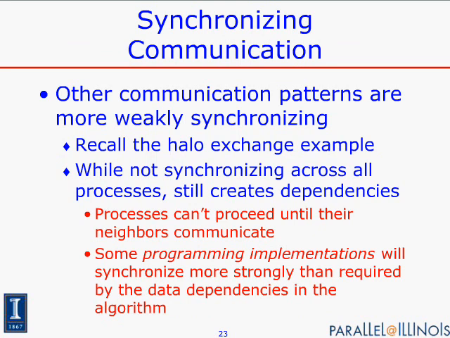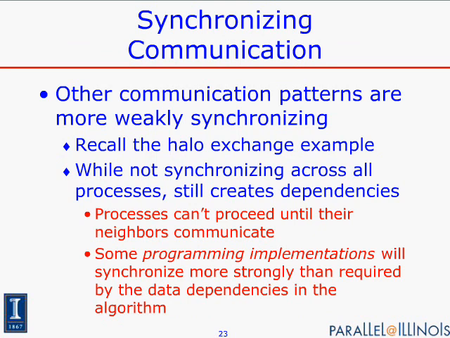It just does it a little more weakly. So no process can continue until it has exchanged data with its neighbors. But for all the processes to continue, all of the processes will have had to have exchanged data with their neighbors. So it's possible that one process may be able to get going a little earlier, but at some point, the fact that everyone has to do these exchanges for the computation to proceed also provides a sort of synchronization.